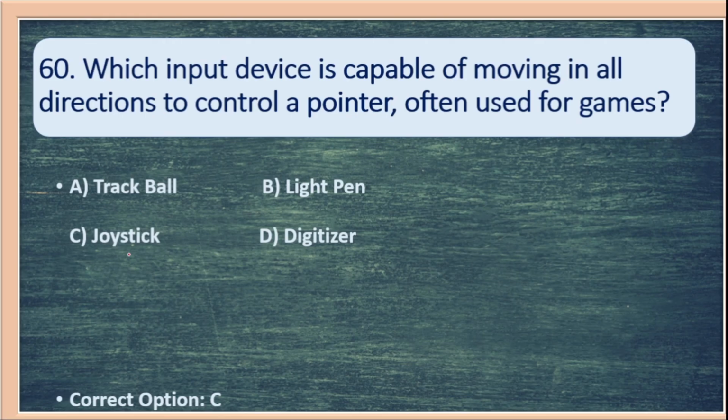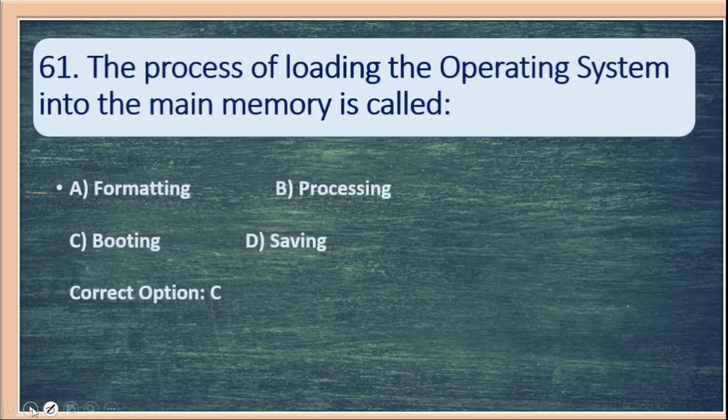Trackball, light pen, joystick, digital. Answer is C, joystick. The process of loading the operating system into the main memory is called formatting, processing, booting, saving. Answer is C, booting.